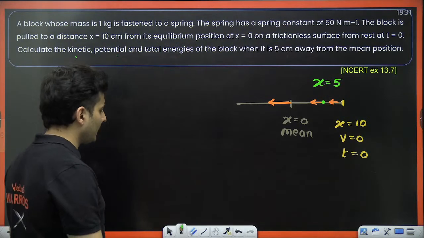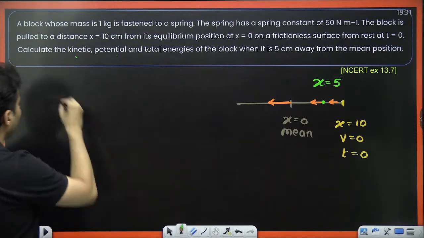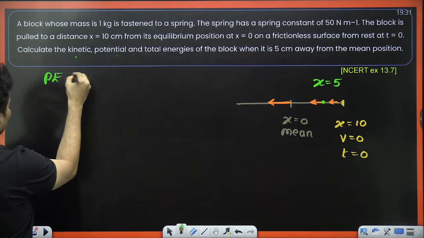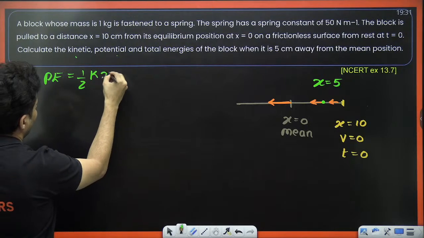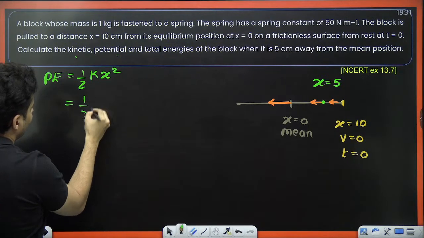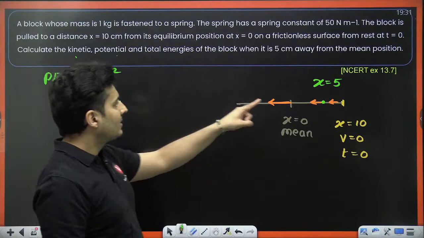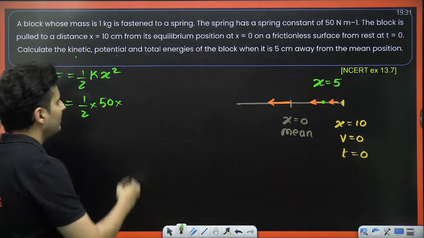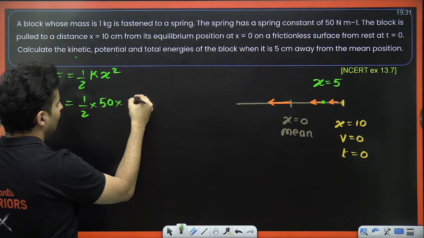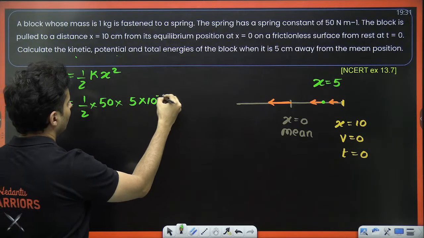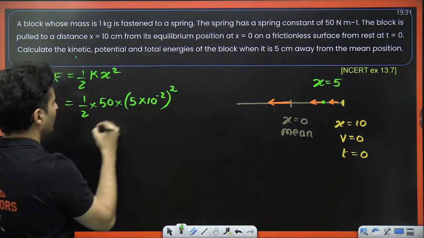Spring constant is given. So can we just quickly find the potential energy, which is half k x square, half into spring constant 50, x is 5 centimeter, which is nothing but 5 into 10 to the power minus 2, whole square.